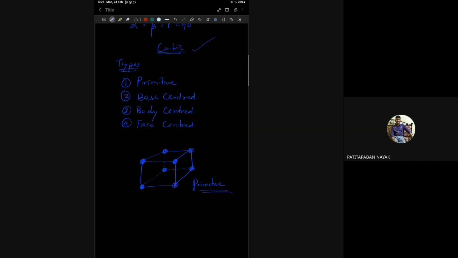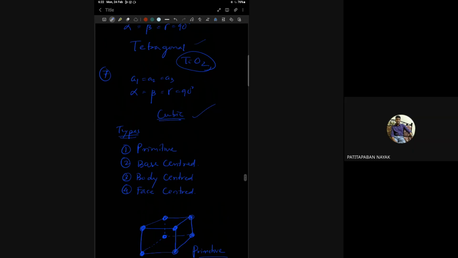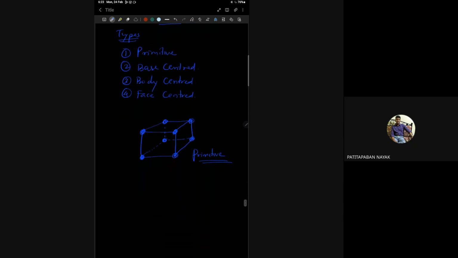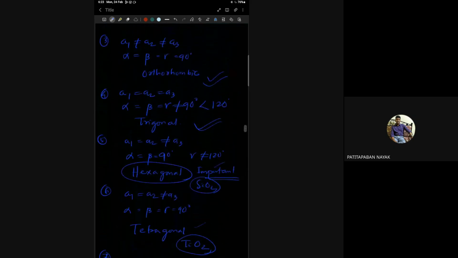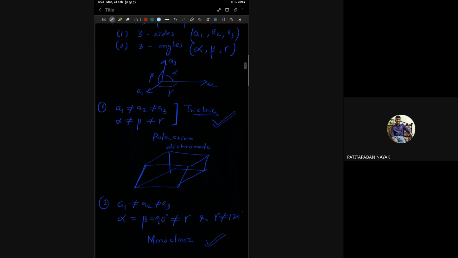Okay. We say simple cubic because the crystal structure is cubic. But if it is not cubic, then we'll call it primitive. For example, let us take the example of triclinic.